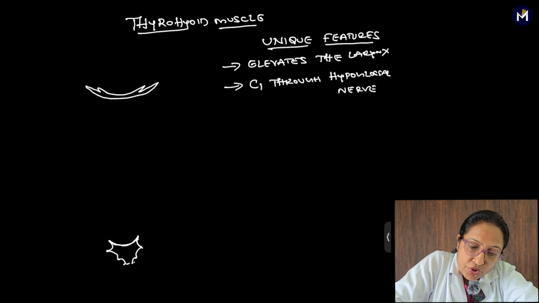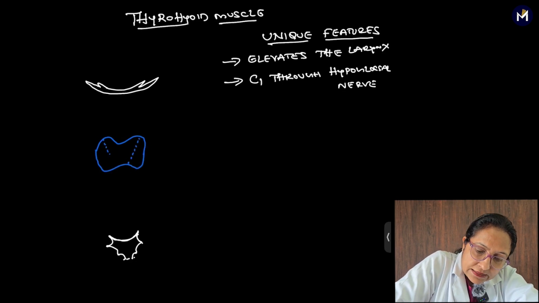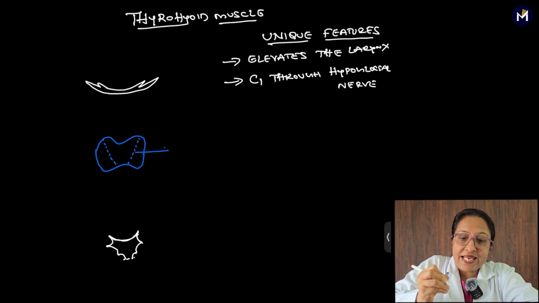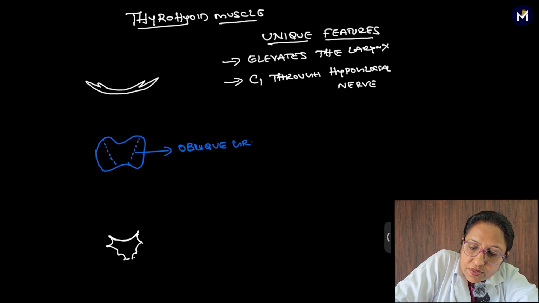Then we'll draw the thyroid cartilage here, which has got an oblique groove. So this is oblique groove on the lamina of thyroid cartilage.